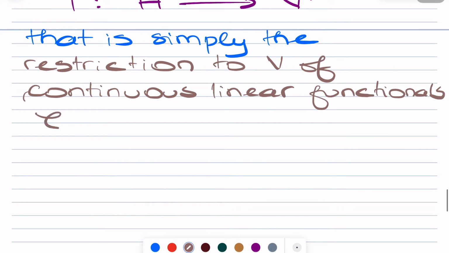This is just another way of saying that T is defined the following way.